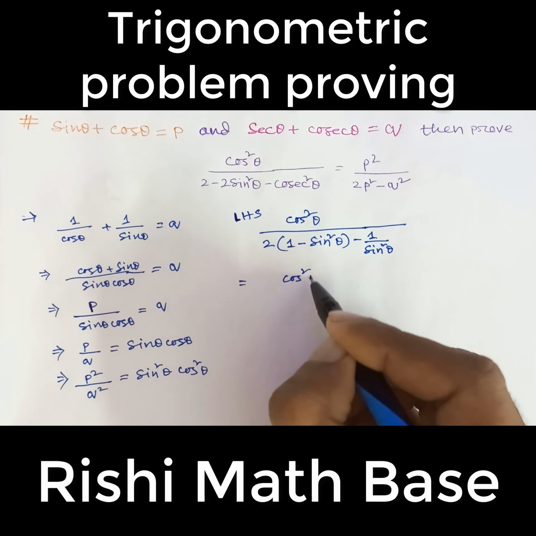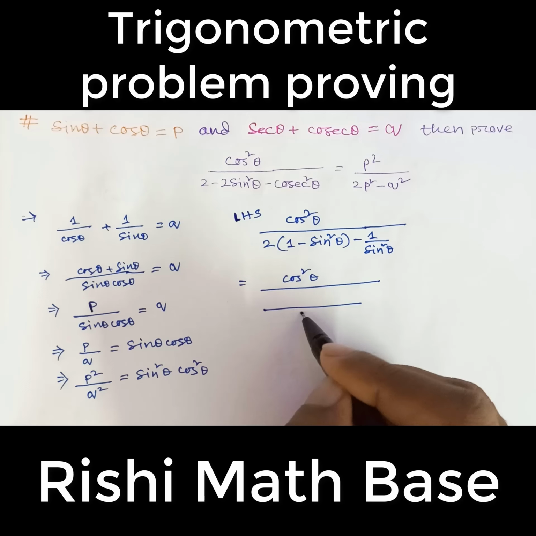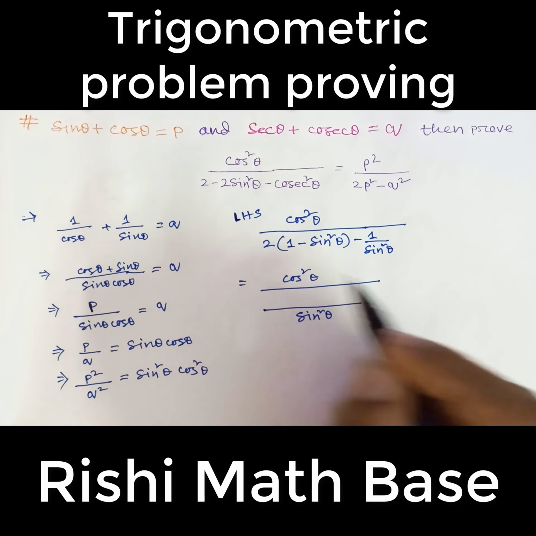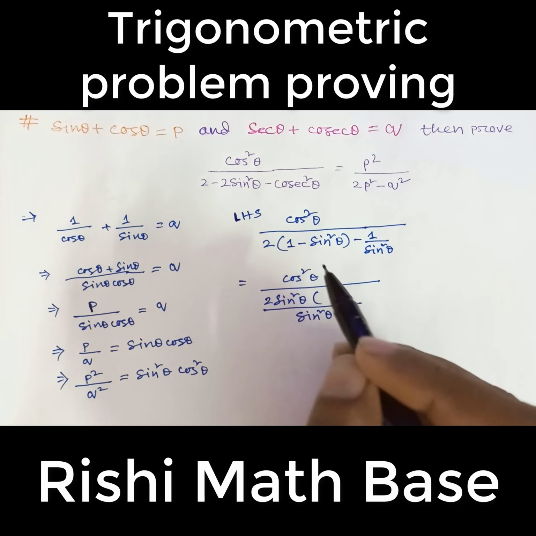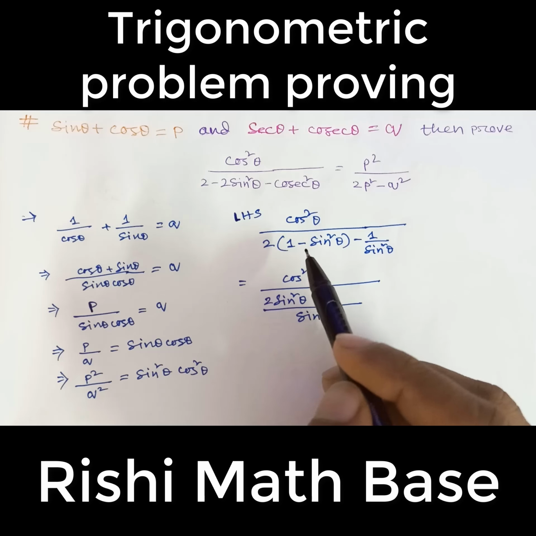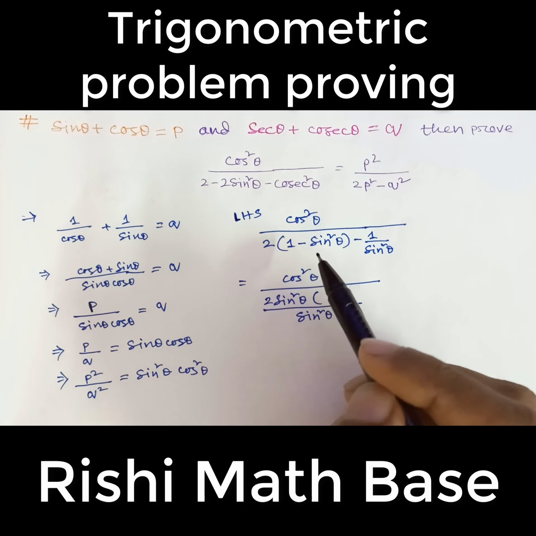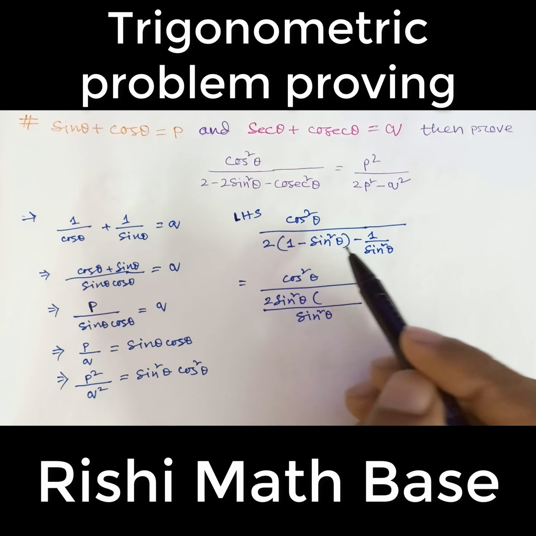From here we are taking the LCM, sin square theta. So 2 sin square theta into, we can take 1 as sin square theta plus cos square theta, then sin square theta minus sin square theta, it will cancel, we will get cos square theta.